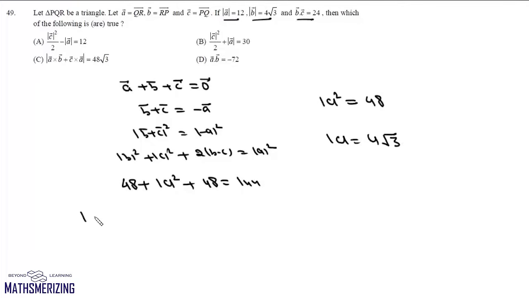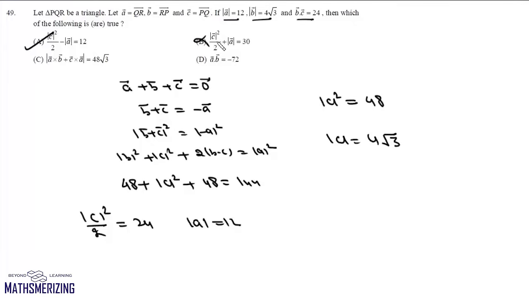Now we write mod C square by 2, mod C square by 2 is 24, and mod A is 12. Now we subtract both of them, we'll get this value as 12. So this option A is correct, and if we add them, we'll get this as 36. So this option B is incorrect.